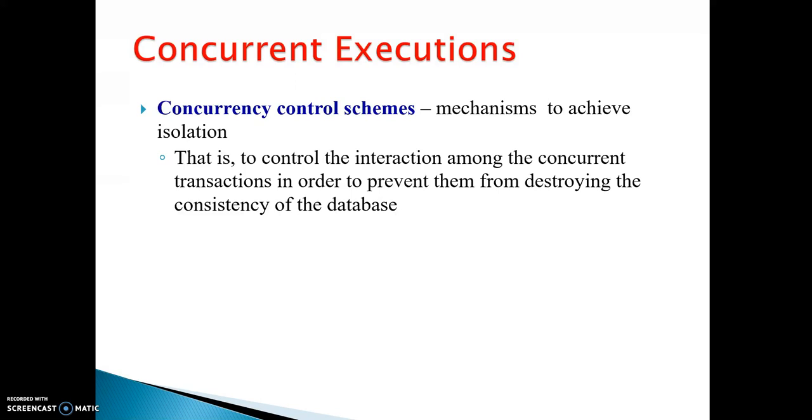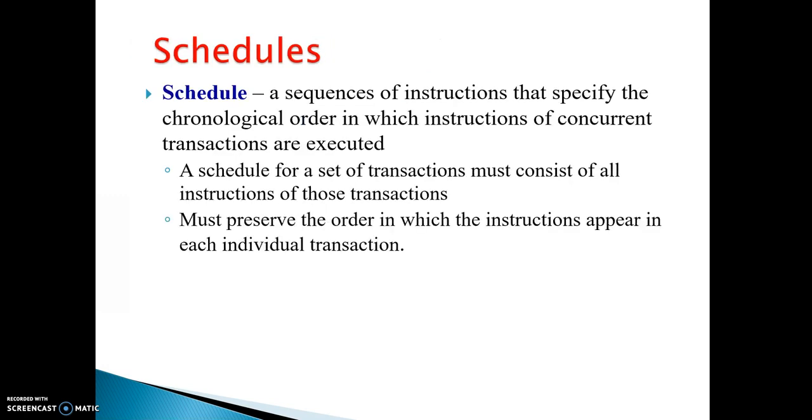This controls the interaction among concurrent transactions in order to prevent them from destroying the consistency of the database. The basic aim of the database is to maintain its consistency, but whenever transactions are executed concurrently, some type of control mechanism needs to be performed.